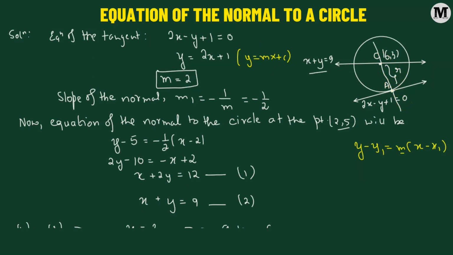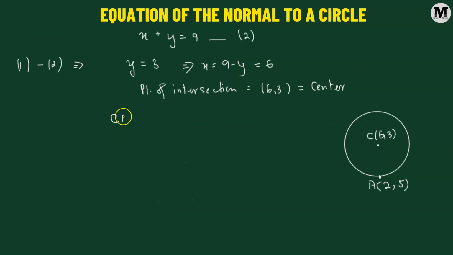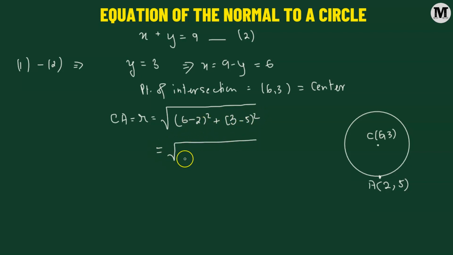CA, which is the radius, is the square root of the square of the difference of the x coordinates, 6 minus 2 whole squared, added to the square of the difference of the y coordinates, 3 minus 5 whole squared. So 6 minus 2 is 4, and squaring 4 gives 16. 3 minus 5 is negative 2, and squaring it gives positive 4. That means the radius of the circle comes out to be the square root of 20.